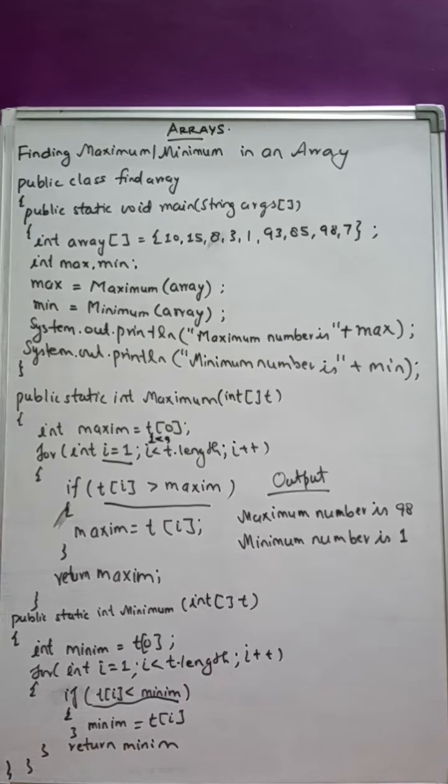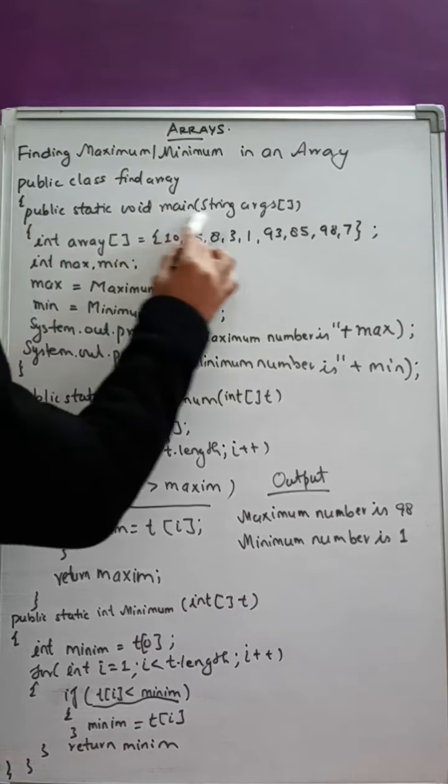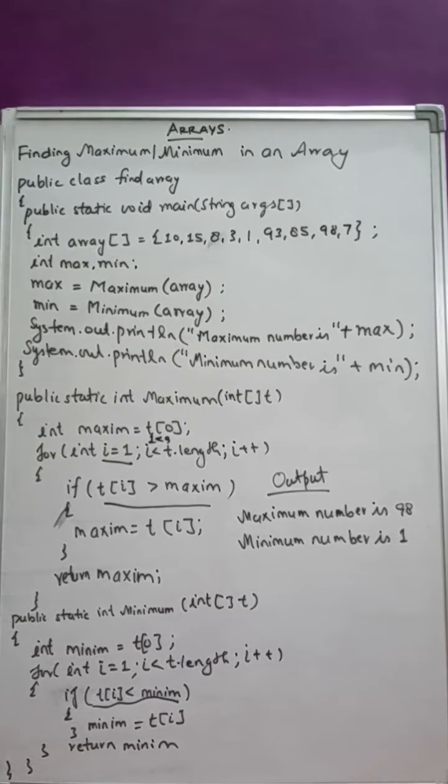So this is the concept for the maximum and the minimum function over here. After this, once we have declared the functions, the next thing to do is to go to the main function and call the function, so that the process can be completed. Now coming over to the main function, public static void main string args. In this, first we have to provide a value to the function.